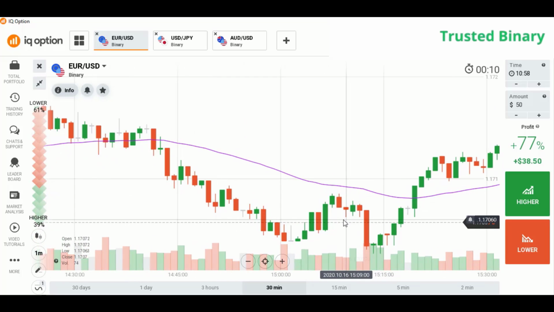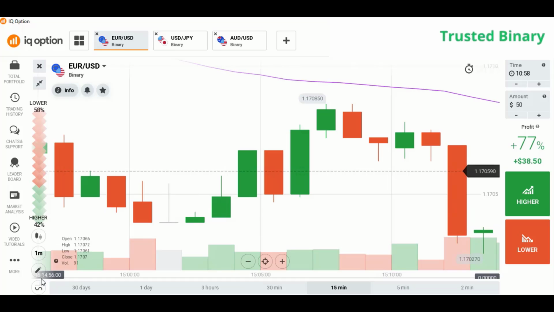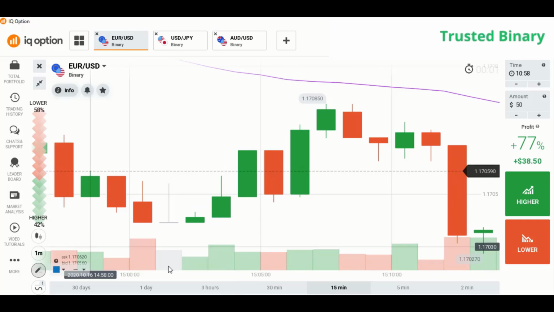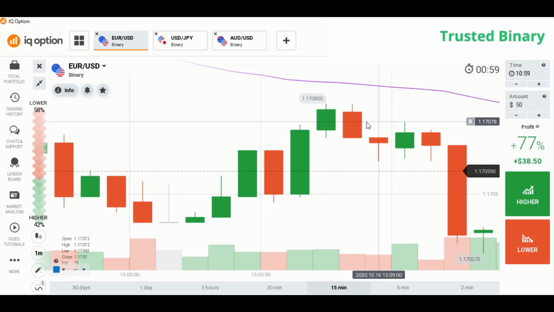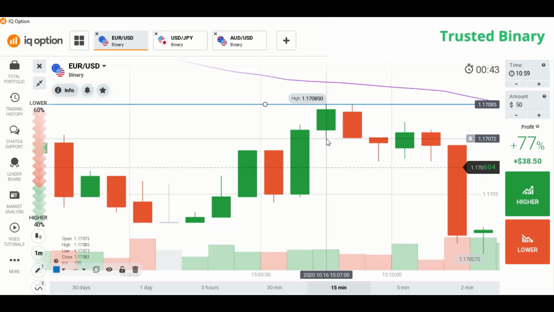Yes, this one. Observe very carefully these two candles. What happened? Rejection from the same level. Rejection from the same level. And the candle didn't cross this wick, it exactly closed at this level.